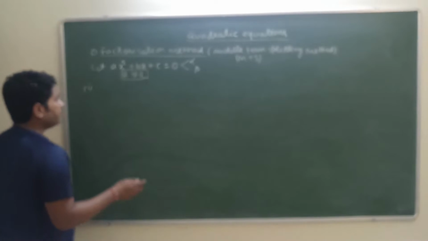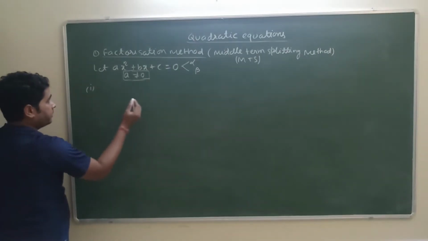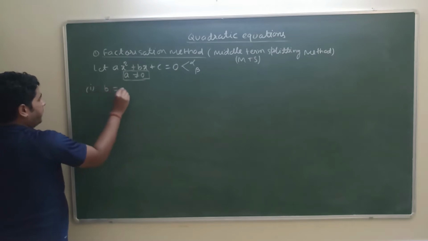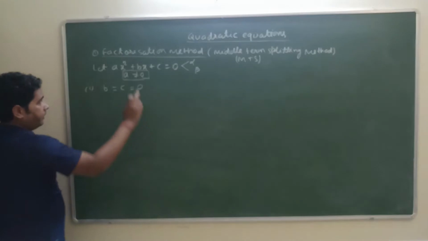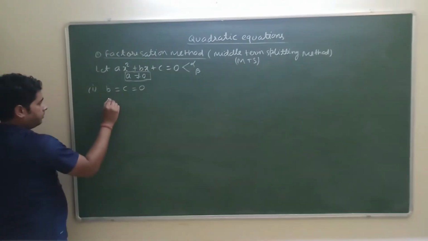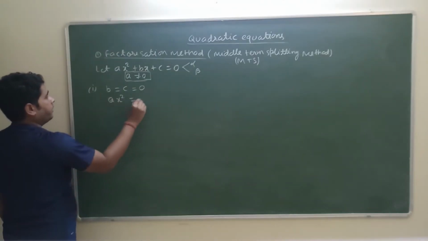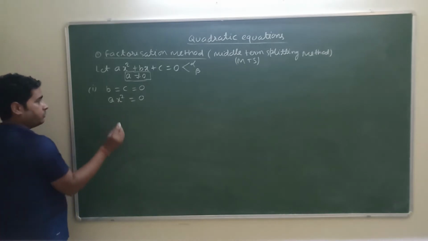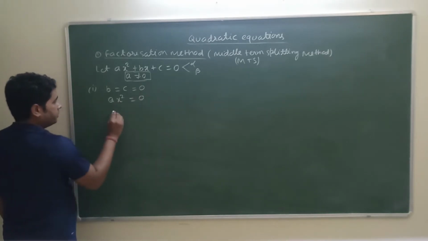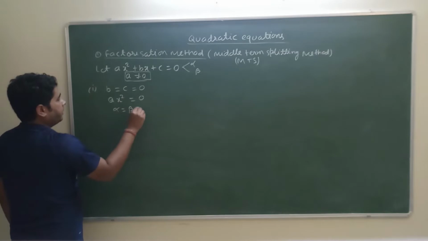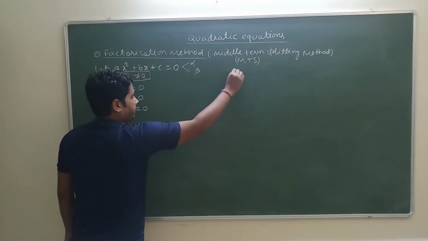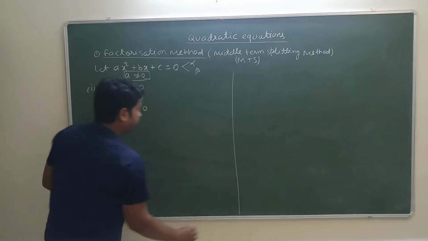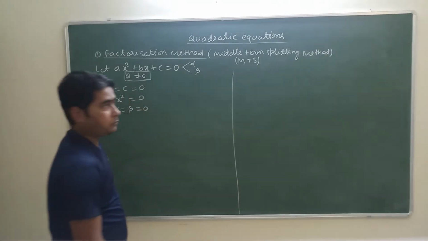So first approach: if in any quadratic equation, b and c both are equal to 0, then what we need to do? That equation will be ax square equal to 0. In that situation, alpha and beta are the roots. You just have to write alpha and beta both equal to 0. Side by side, I am going to take an example.